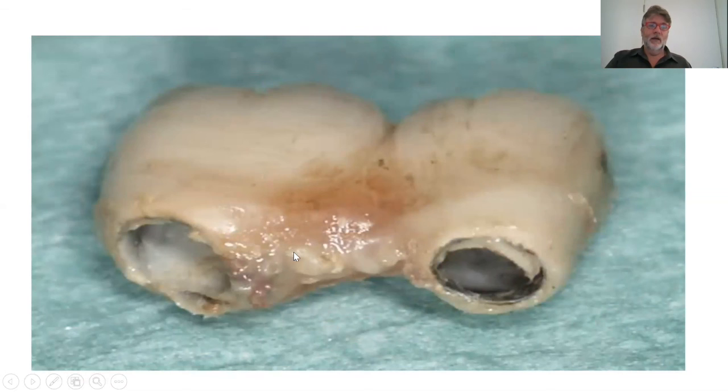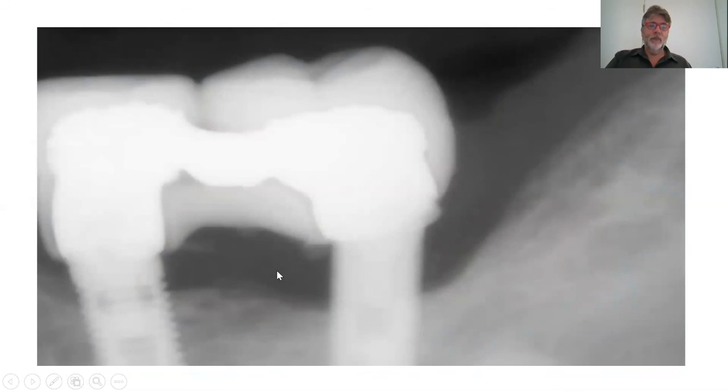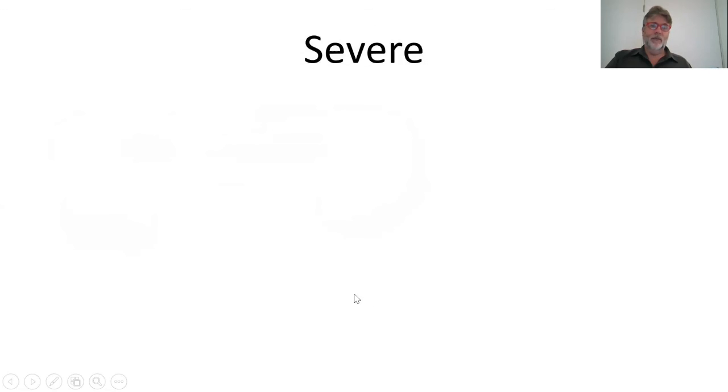This is the bridge that came off. You can see the amount of debris around all of that. That all goes back for professional cleaning at the lab. But luckily she had one of those genetic types where she was fairly resistant, even though she was a smoker and had let it get that bad.